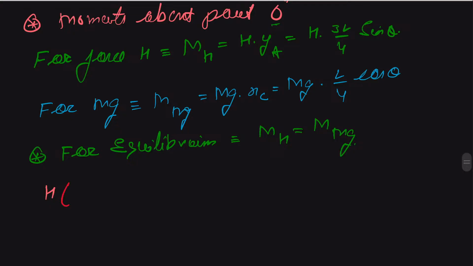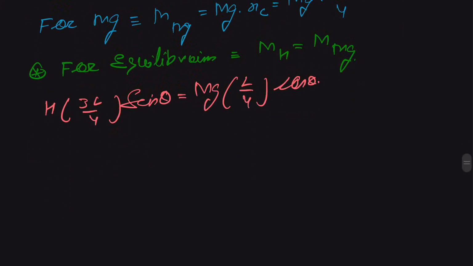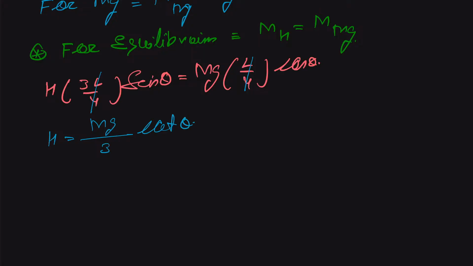We get H times 3L by 4 sine of theta is equal to mg L by 4 cos of theta, and this L by 4 cancels out, and from here we can write H is equal to mg by 3 cot of theta. Okay, so we got the normal force at point A.